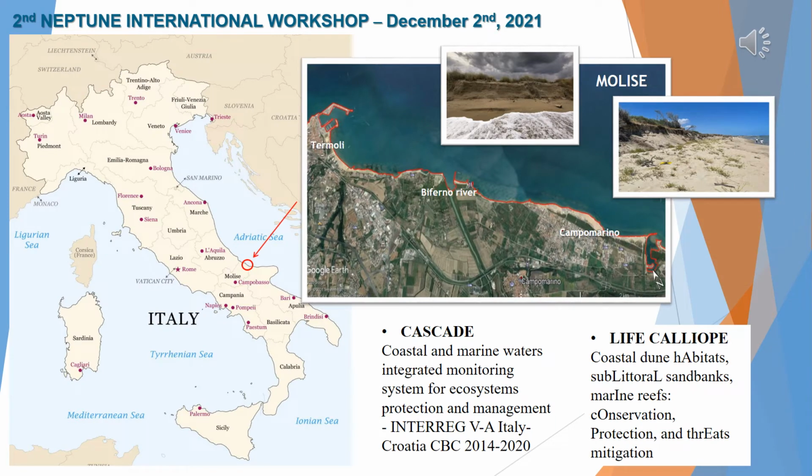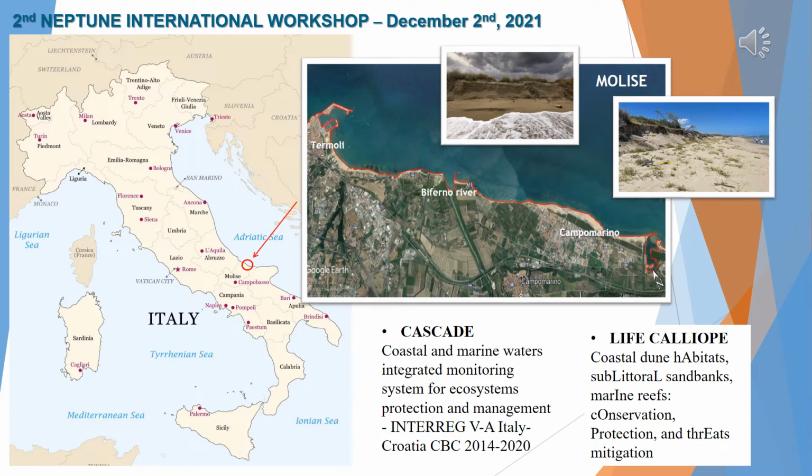In particular, today I will present the results obtained by following the first four work steps for the test area in Molise region. This area is the subject of some very interesting international research projects in which I collaborate, the Interreg Italy-Croatia Cascade project and the LIFE Calliope project.